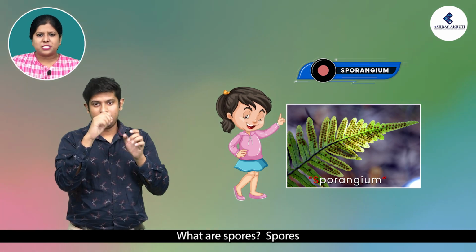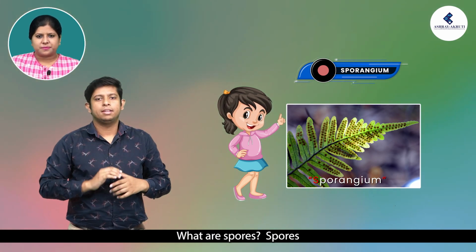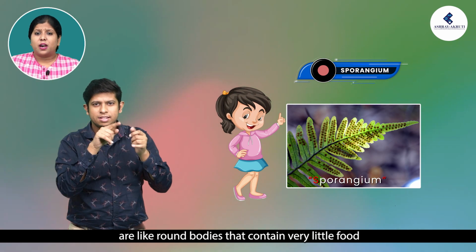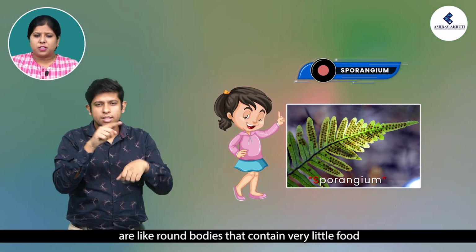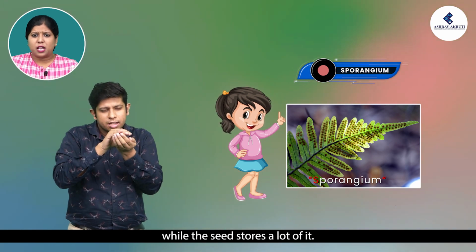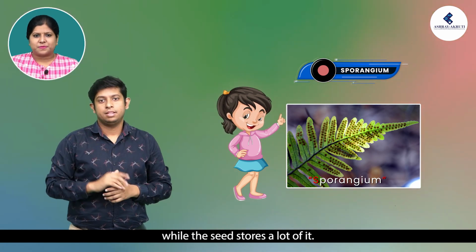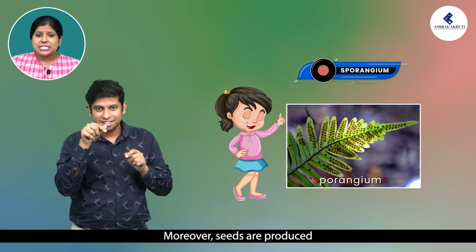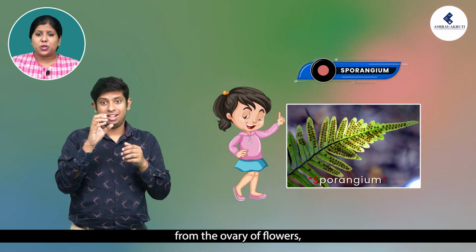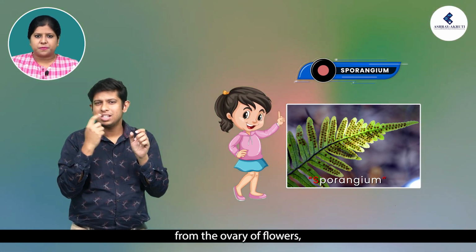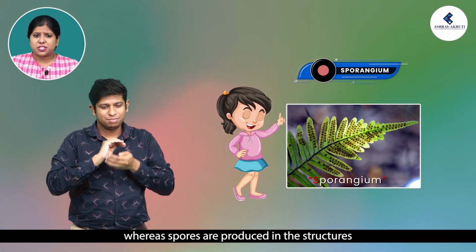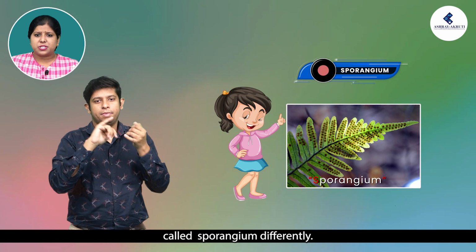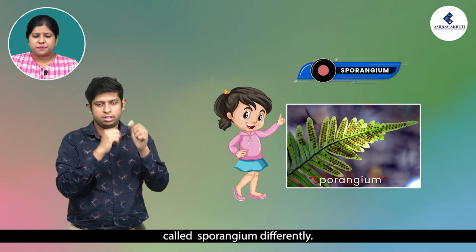What are spores? Spores are like round bodies that contain very little food while the seed stores a lot of it. Moreover, seeds are produced from the ovary of flowers, whereas spores are produced differently, in structures called sporangia.